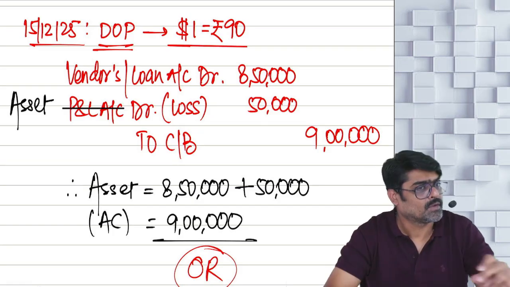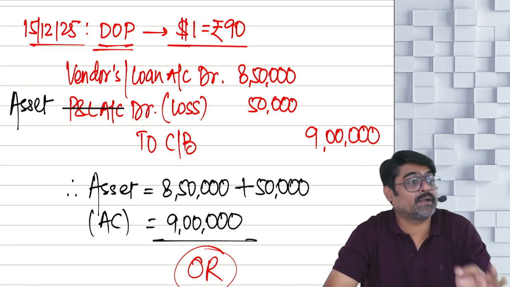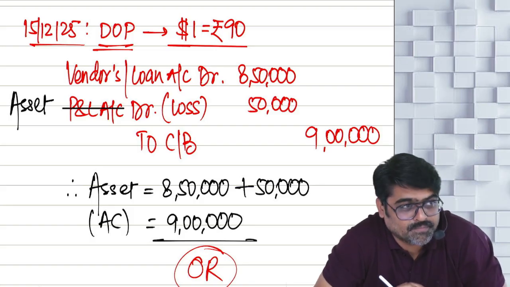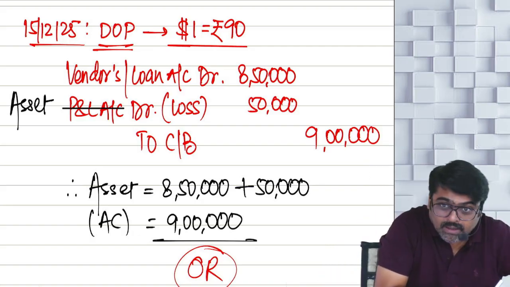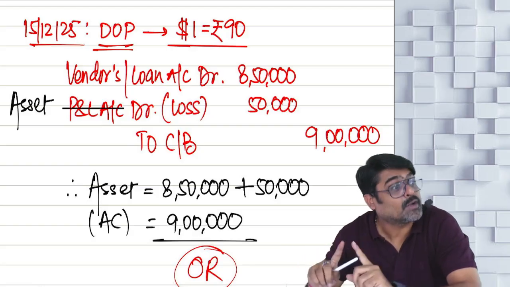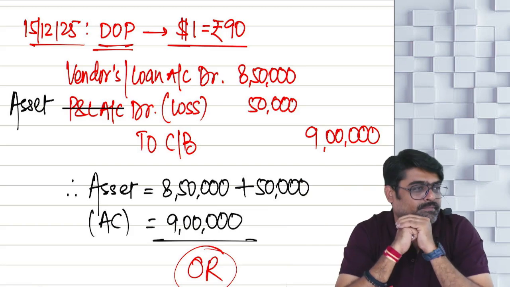Sure. Go to your bank and tell the bank that I want to enter into a forward contract. What is a forward contract? Right now only enter into a contract with the bank that you want to buy foreign currency on 15th December.